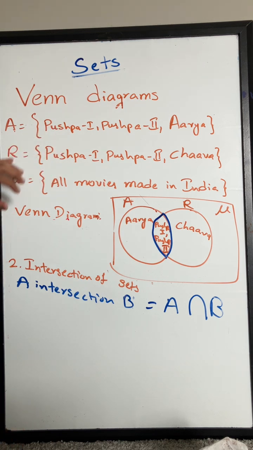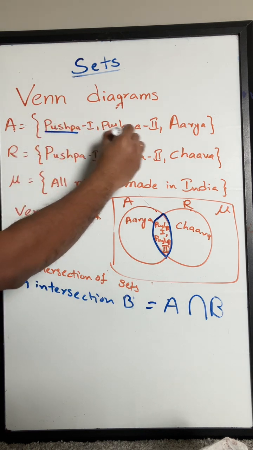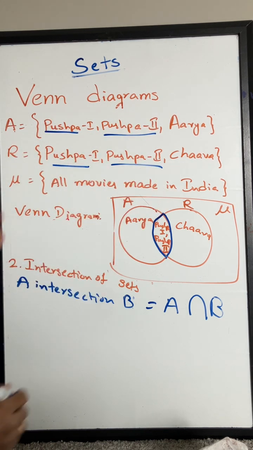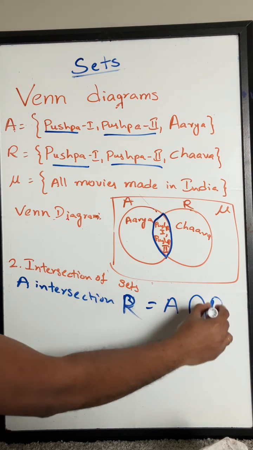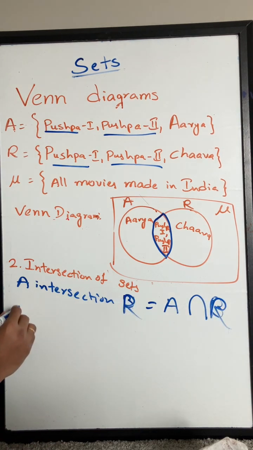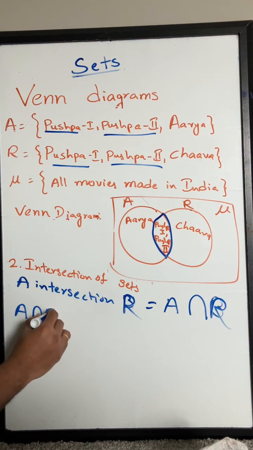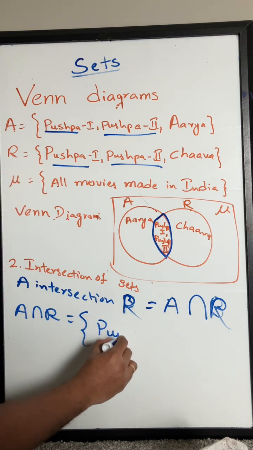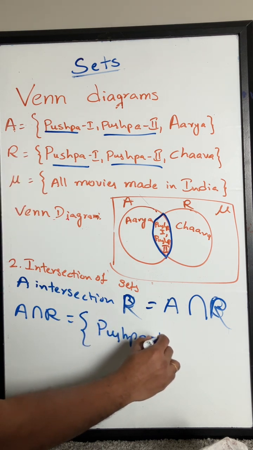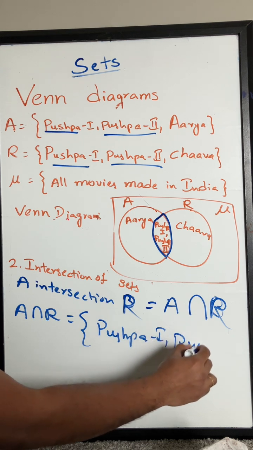In our example, the common movies acted by both Allu Arjun and Rashmika are Pushpa 1 and Pushpa 2. Both are common in the Allu Arjun movies list and the Rashmika movies list. So what is A intersection R here? The movies acted by both are Pushpa 1 and Pushpa 2.